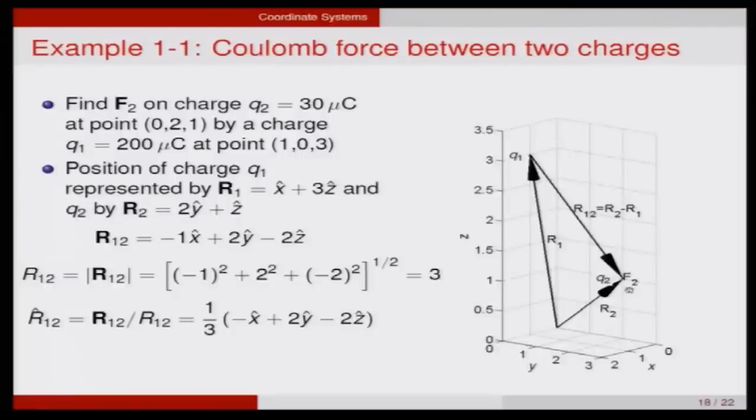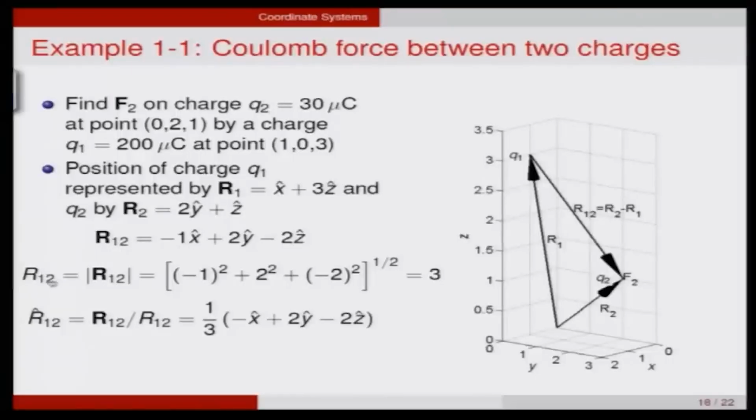Now, force acts along the line is fine, but what we want is not the statement that force is acting along the line R12. What I want is a unit vector along the line R12. What is the unit vector along line R12? That will be the vector R12 divided by its magnitude. I have already found out what is R12.